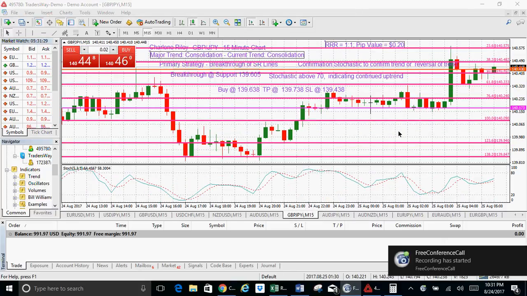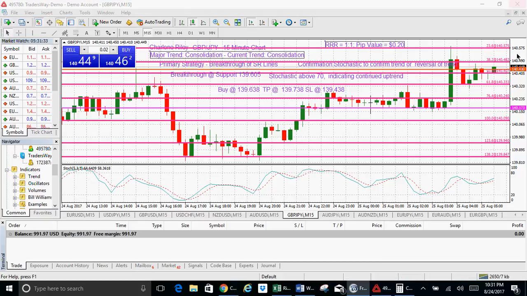Okay, so we are on the British pound JPY 15-minute chart, and we have had the break above the 140.430, and the stochastic is above 50. It's at 64 and rising.